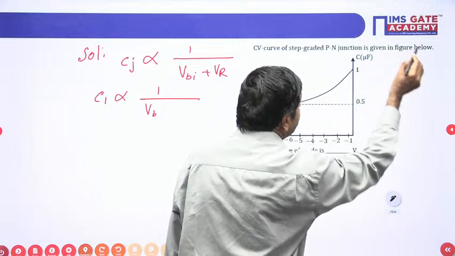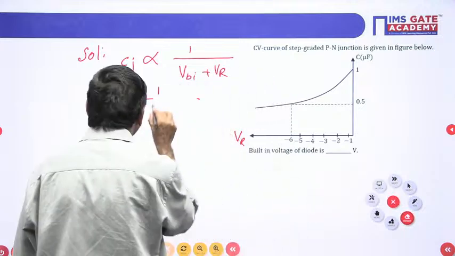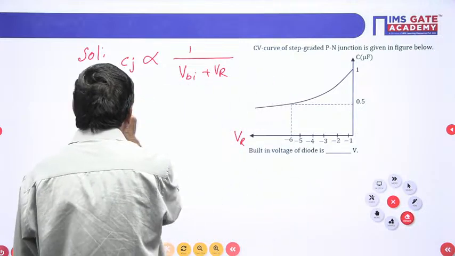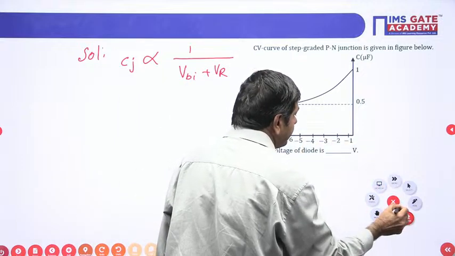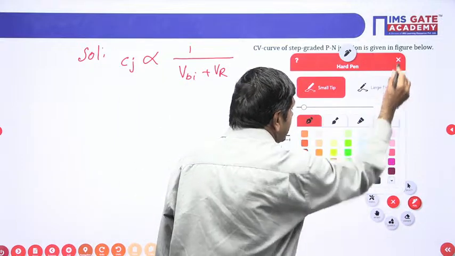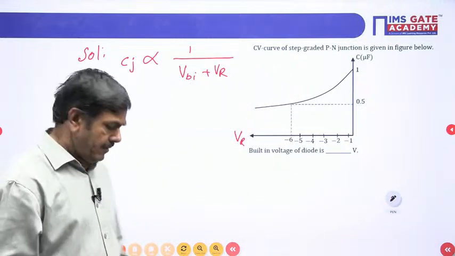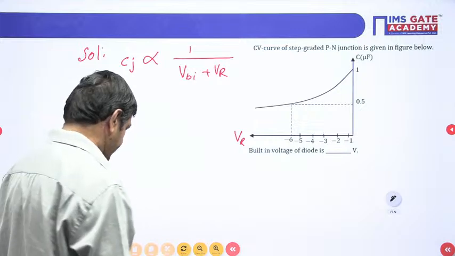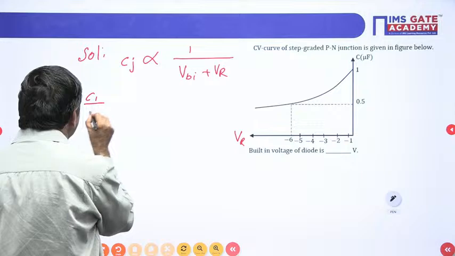I will do it the easy way so you will understand clearly. The built-in potential I can get by using this formula only. VBI is the built-in potential. But here I wish to take the ratio C1 by C2.